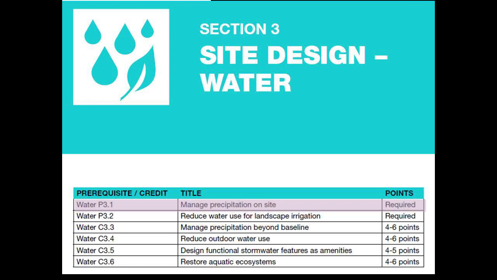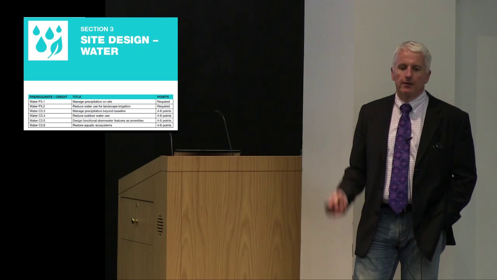And then the second prerequisite is water conservation. So reducing the amount of drinking water that we use to maintain landscapes. And there is a threshold for that. Now it aligns with LEED. It didn't in the first version that came out in 2009, but it now does.